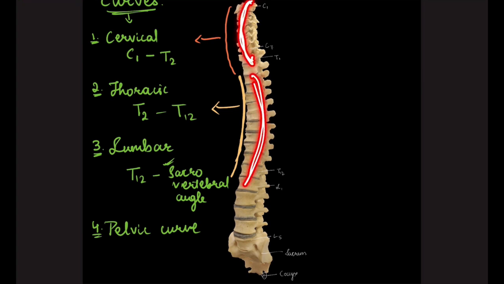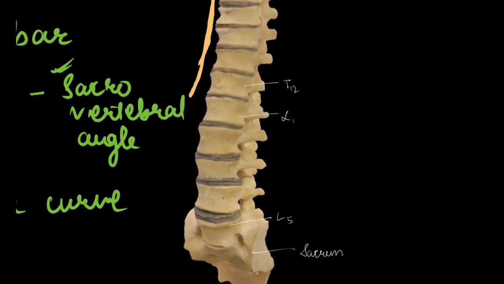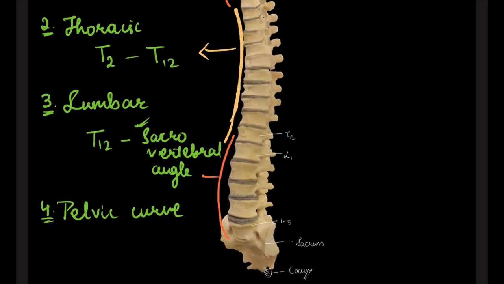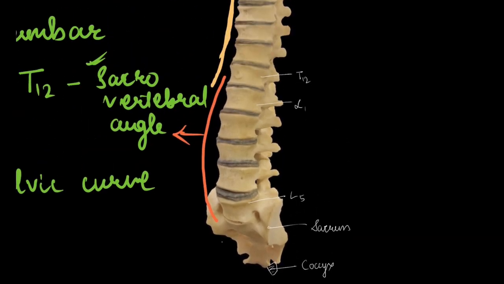The thoracic curve is a concave curve. And again, when you come to lumbar, it is from the 12th thoracic vertebra to the 5th lumbar vertebra, or you can call it the sacrovertebral angle. That is till here. Okay. Next, what is the pelvic curve? This part. Here, along with the coccyx, you can see a small curve, which is the pelvic curve.